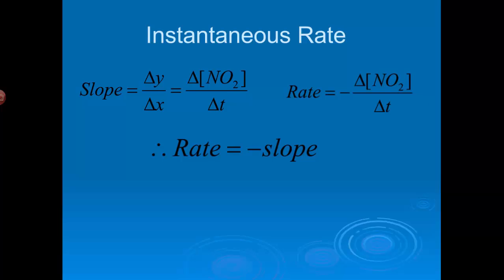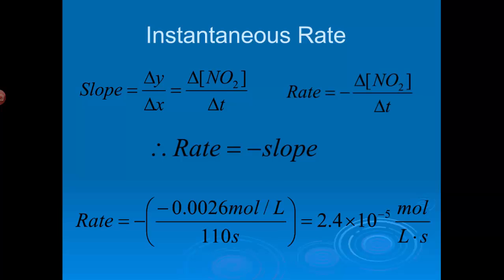Okay, that's the rate of this reaction for NO2 at 100 seconds. So if we use values from the graph, our negative 0.0026 moles per liter over 110 seconds, that's 2.4 times 10 to the minus fifth moles per liter second. Okay, that would be our instantaneous rate at 110 seconds, not 100 seconds, 110 seconds.